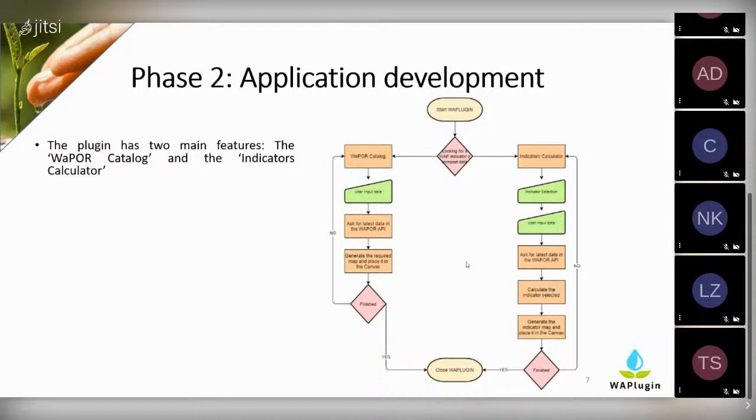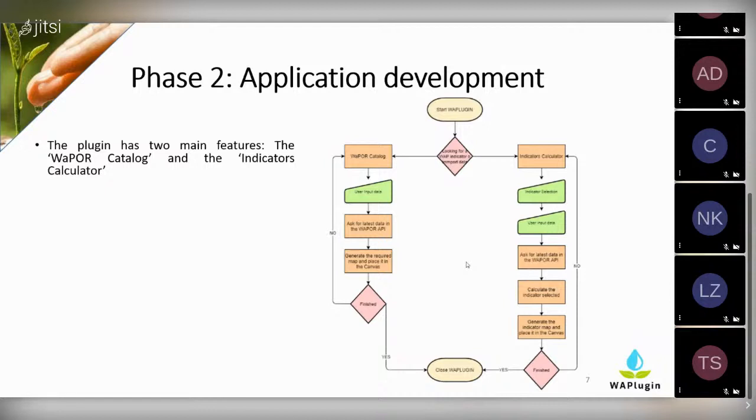For the WaPOR catalog, the user will select which dataset he wants to bring to QGIS. He also has to introduce some input data like the localization, date, and resolution, among others. And the plugin will bring that specific dataset to the QGIS canvas.